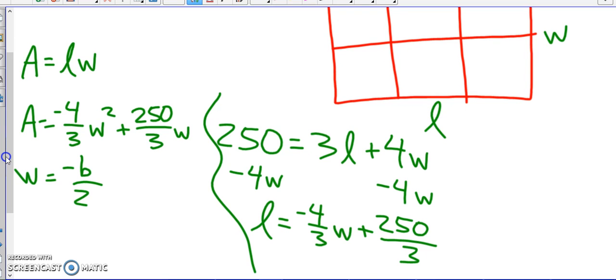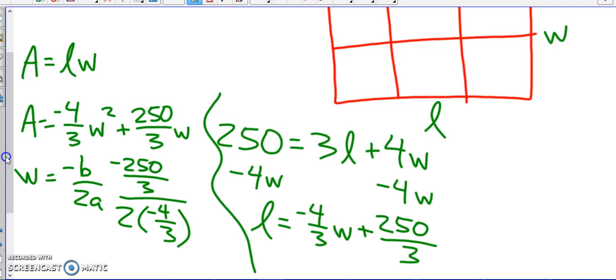Negative b over 2a. So this would be negative 250 over 3 over 2 times negative 4 over 3. Now, do you notice how both of those fractions are over 3? The 3's cancel, and the negatives will cancel.